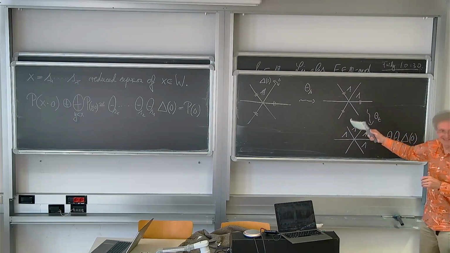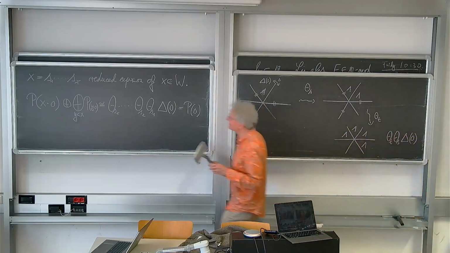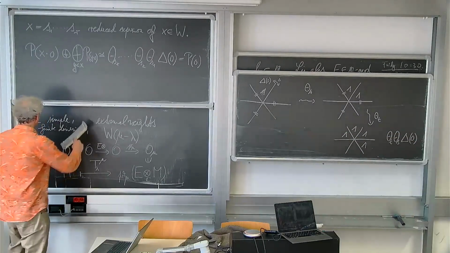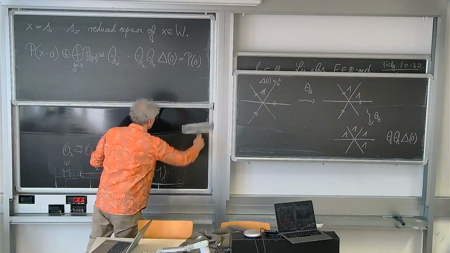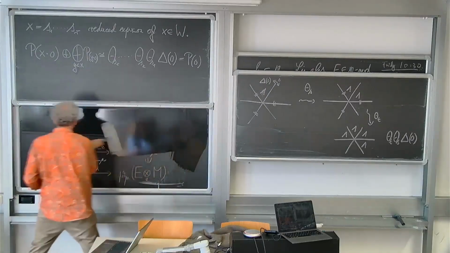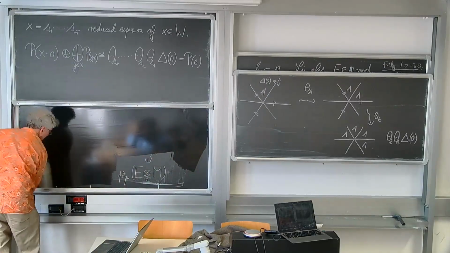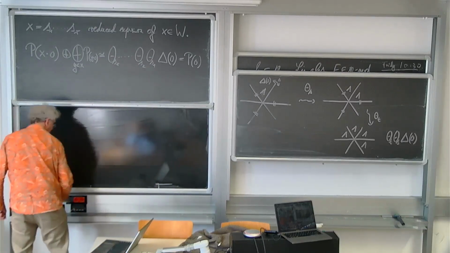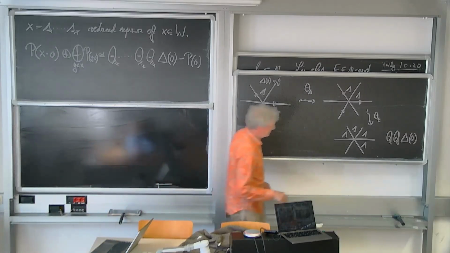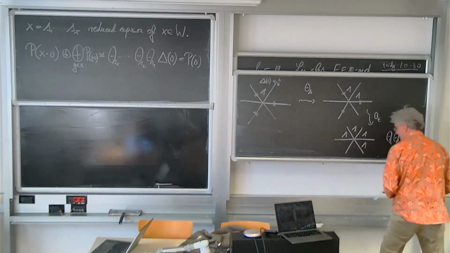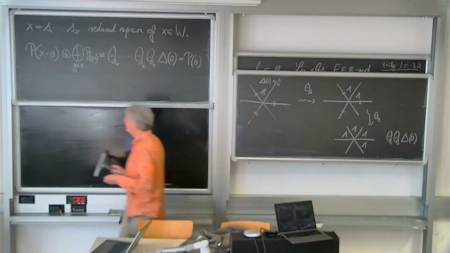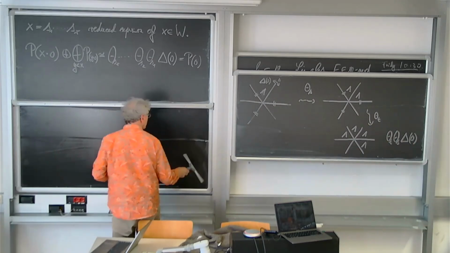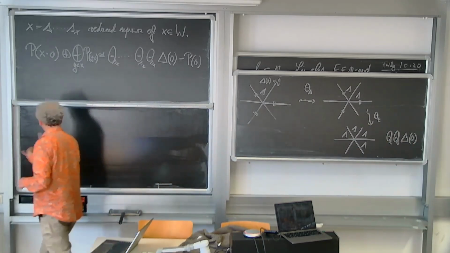I mean, this is not difficult, but I think it's very helpful if you try to draw pictures in this way. Namely, let's suppose we have a reflection group.